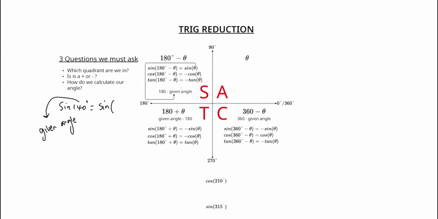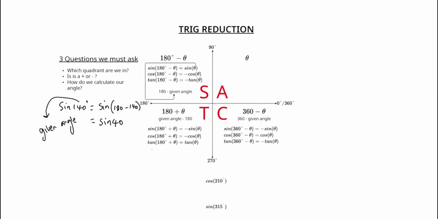We find that using this formula here, 180 minus the given angle. In this case, the given angle is 140. So we can say sine of 180 minus the given angle of 140 equals a positive sine 40. I hope that makes sense.